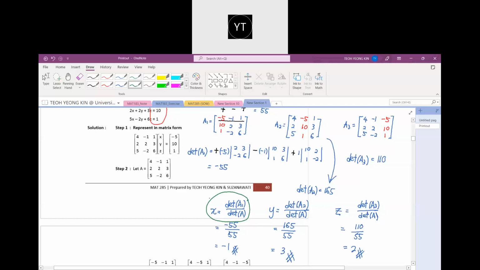Some of the question using X1, X2, and X3. Dia berdasarkan ataupun berpandu kepada soalan yang diberi. It can be X, Y, Z. It can be X1, X2, X3. So that's all. This is the Cramer rule.